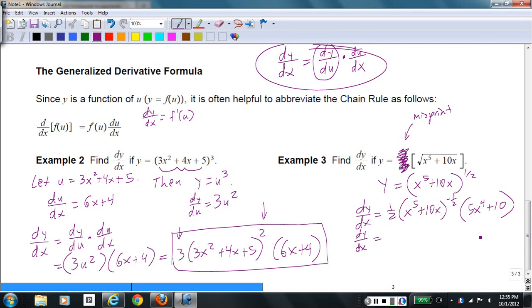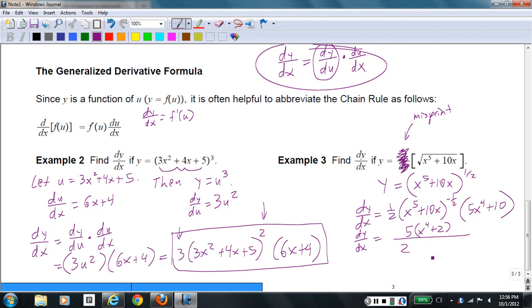Dy dx equals, let's see, 5 times (x to the 4th plus 2) over 2. The 1/2 out in front, we could express that as having a factor of 2 in the denominator. So 2 times, now if I take the negative exponent, negative 1/2, and shove that expression down to the denominator, I'll have the positive 1/2.